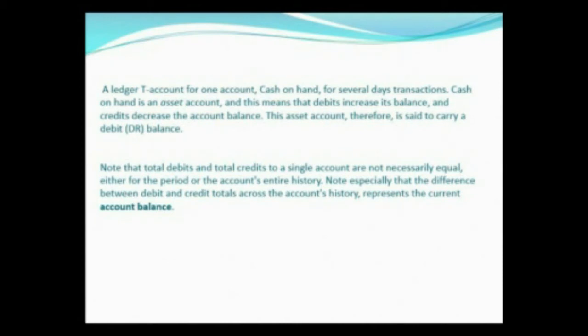This asset account therefore is said to carry a debit balance. Note that total debits and total credits to a single account are not necessarily equal, either for a period or the account's entire history. Note especially that the difference between the debit and credit totals across the account's history represents the current account balance, as we have done the balancing of the accounts in the previous session.